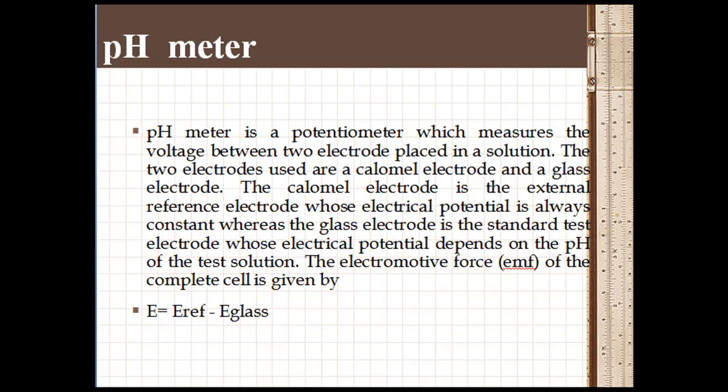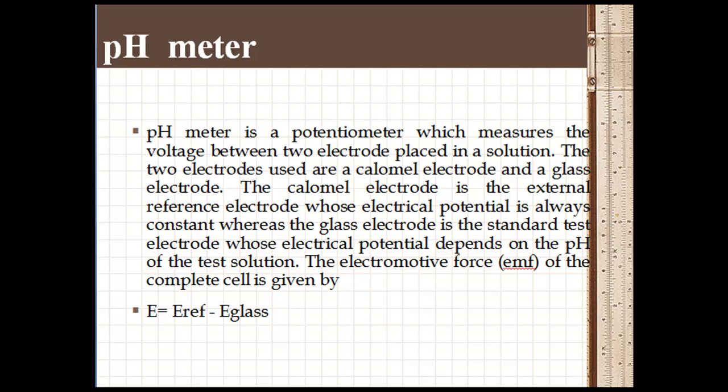The electromotive force of the complete cell is given by E equals E reference minus E glass, where E reference is the potential of the reference electrode, which at normal temperature is 0.250 volt, and E glass is the potential of the test electrode, that is the glass electrode, which depends on the pH of the test solution.